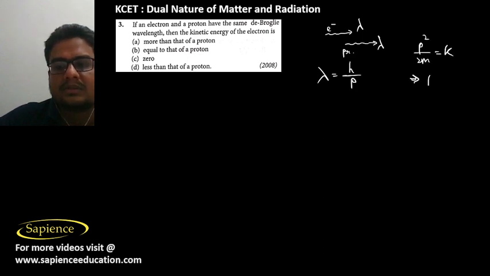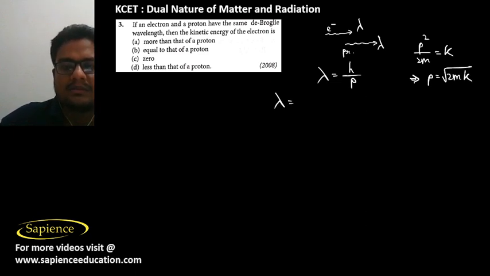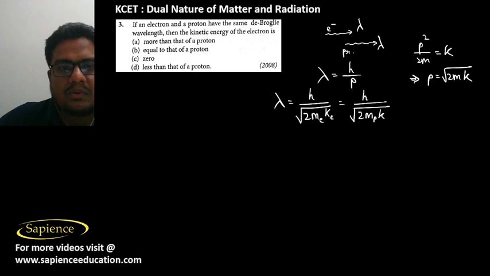Therefore I can say p is equal to square root of 2m into kinetic energy. So therefore lambda is equal to h by square root of 2 into mass of electron into kinetic energy of the electron. That is also equal to h by square root of 2 into mass of the proton into kinetic energy of the proton.